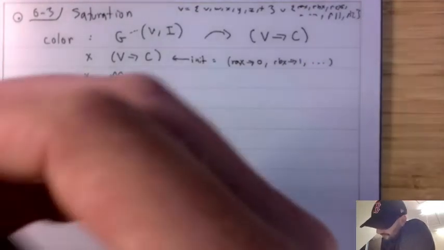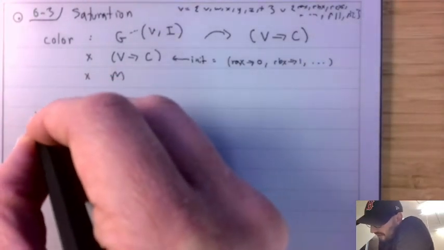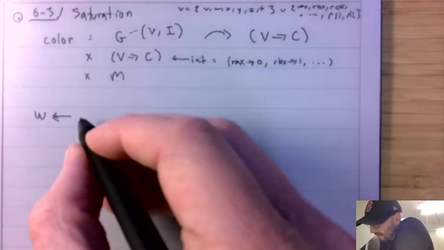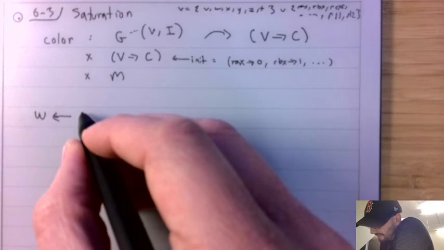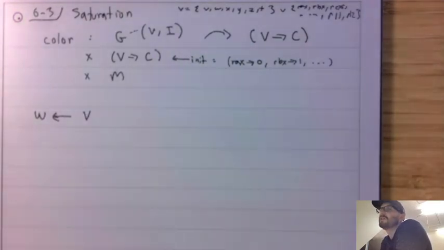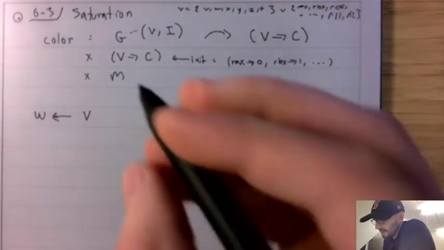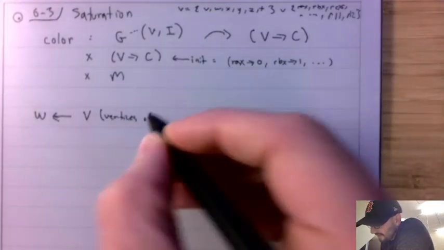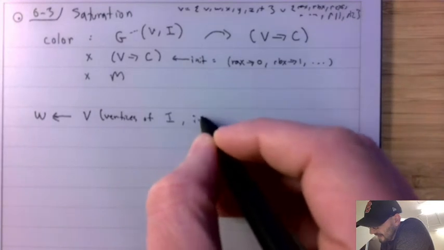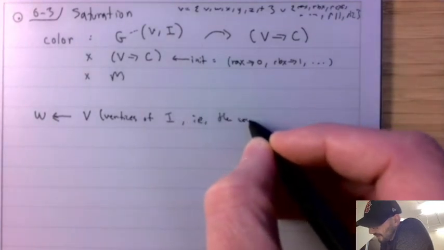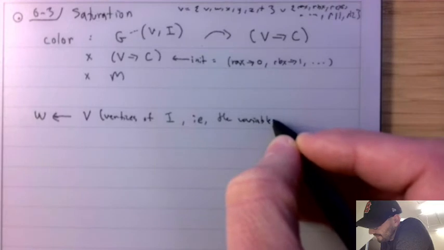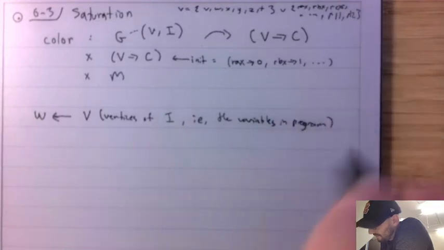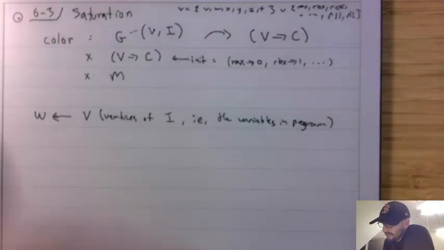Okay, so here's the algorithm. We're going to start off with W being equal to V. So W is going to start up as V, that is the vertices of I, i.e. the variables in the program. Now W is basically like a queue.